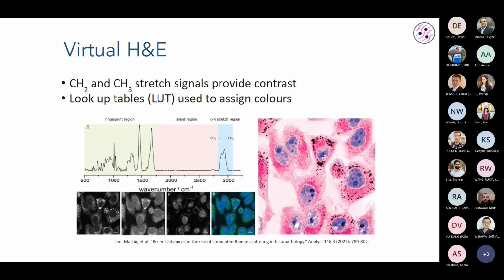Yeah, so this is a false colour image. It's a lookup table. Essentially, it's a table matching particular levels that you see in here to particular colours that have been chosen to look like H&E. So that will just be some particular value that you see in here that is mapped to some particular colour that they've chosen.